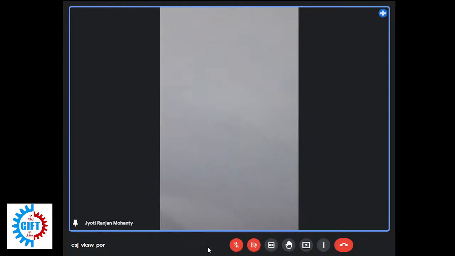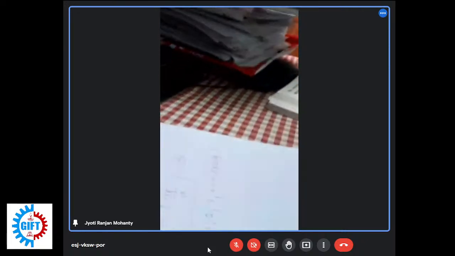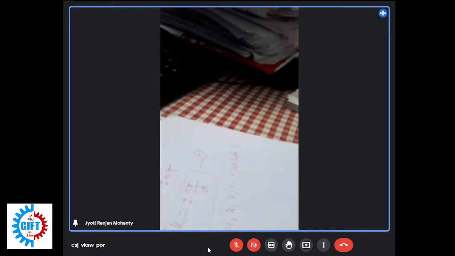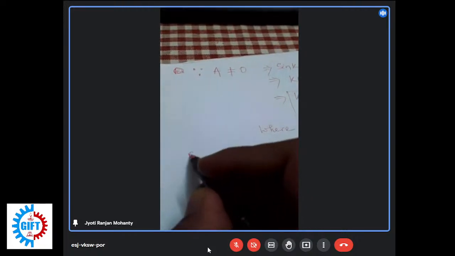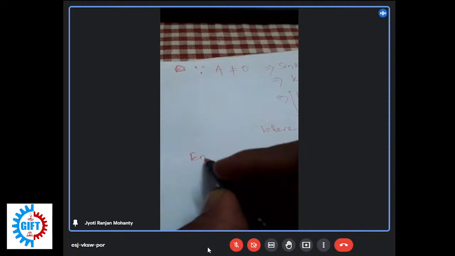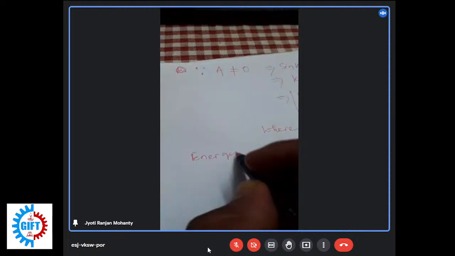Next, after some time I shall determine the value of A. We got B is equal to 0. Still, we have not determined the value of capital A. Before that, write the energy eigenvalue.